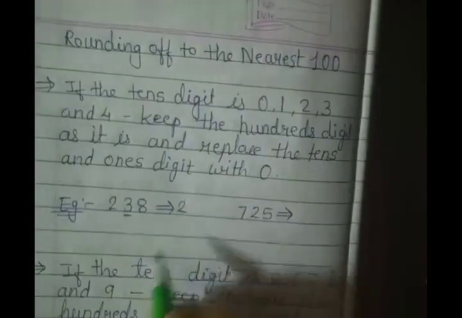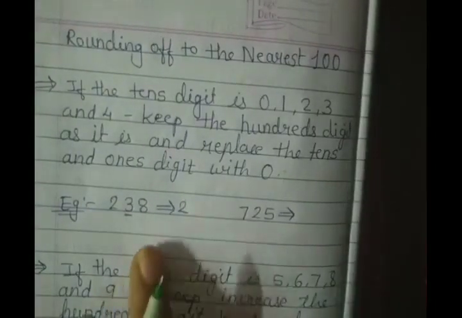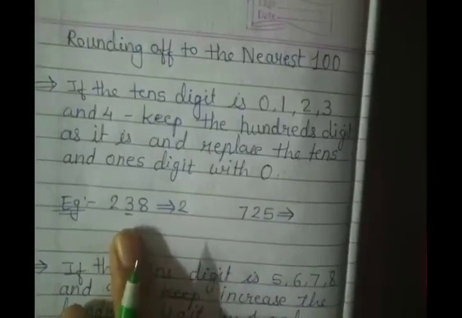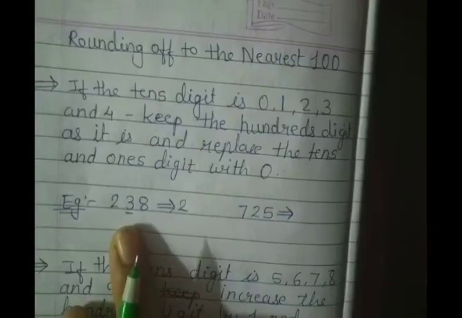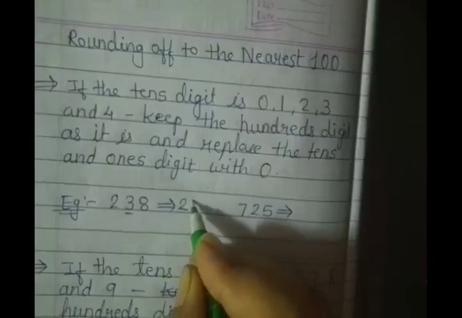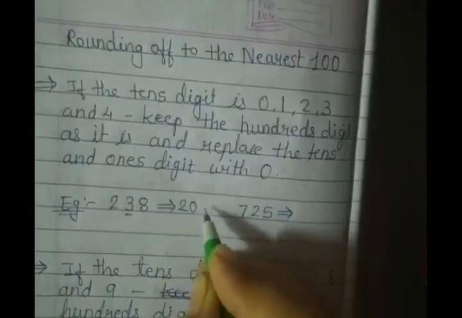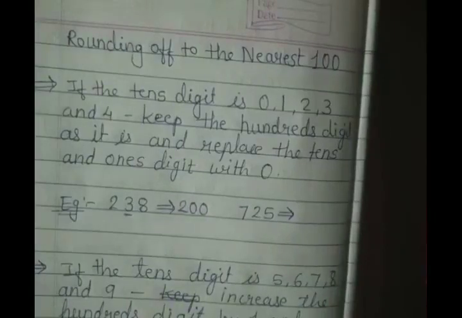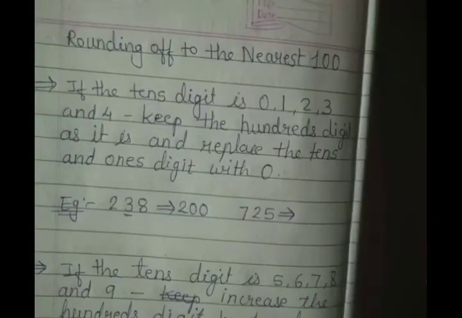So we will write down 2 as it is. We are not going to increase it as we are having the digit 3 at the tens place. So now change the tens and ones digit with 0. So 238 can round off to the nearest 100 as 200.